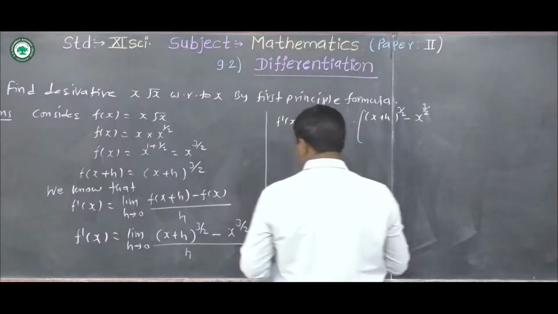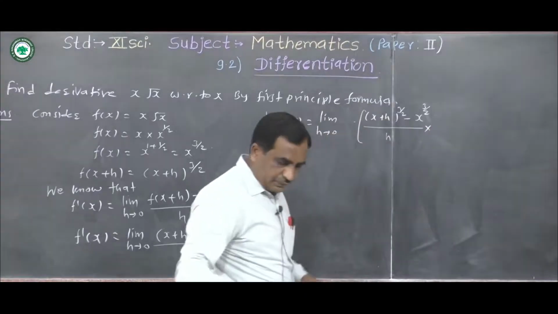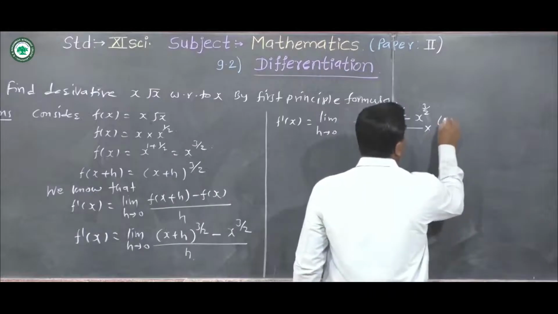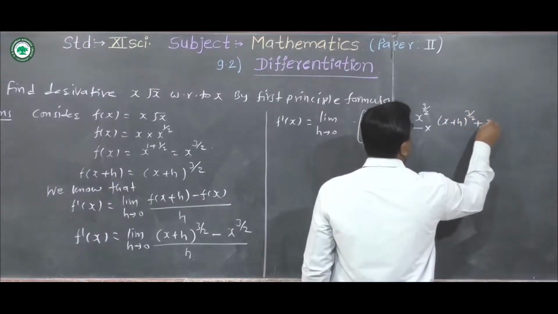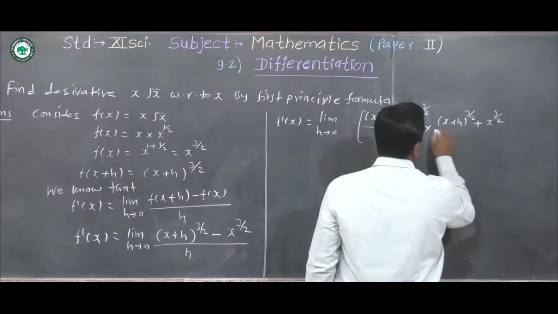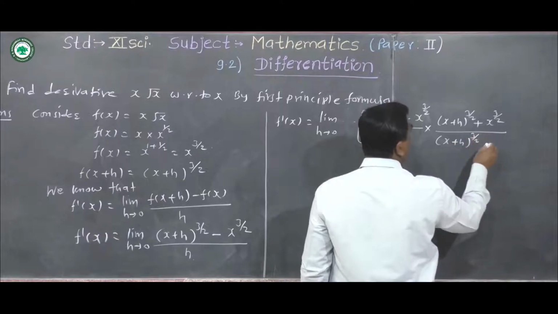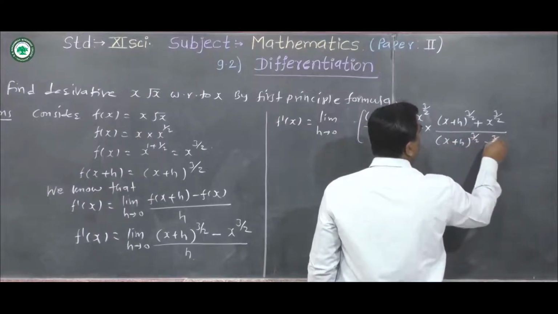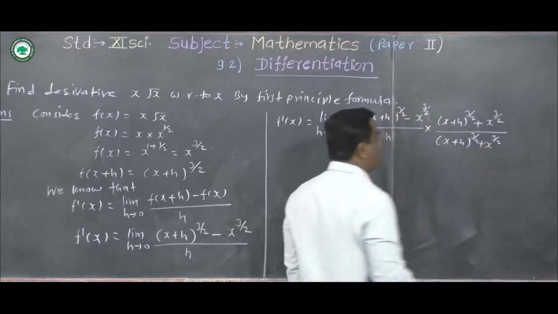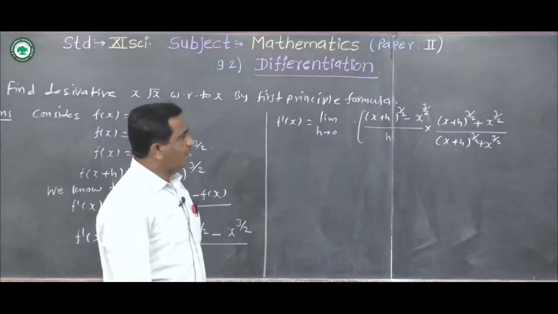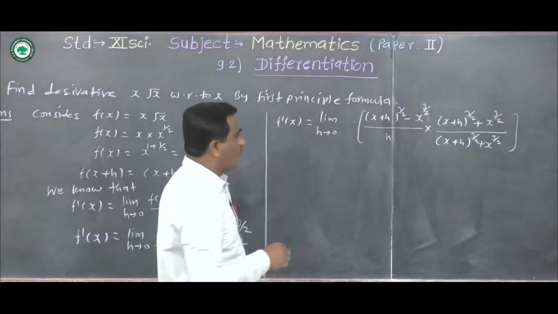We can write here h upon h into (x plus h) raised to 3 by 2 plus x raised to 3 by 2 upon (x plus h) raised to 3 by 2 plus x raised to 3 by 2. Okay, now we can take the product of numerators and the product of denominators.